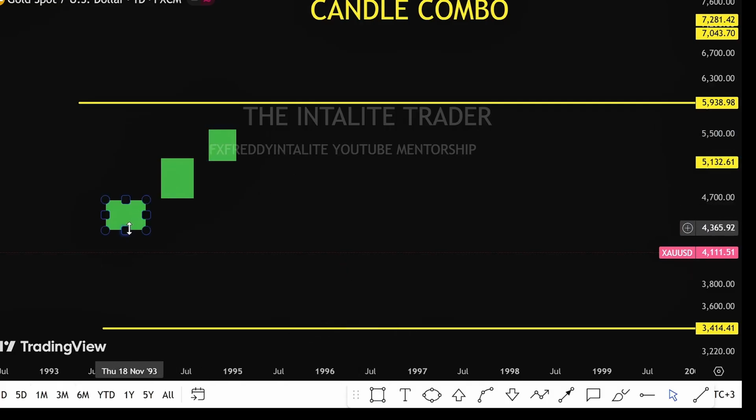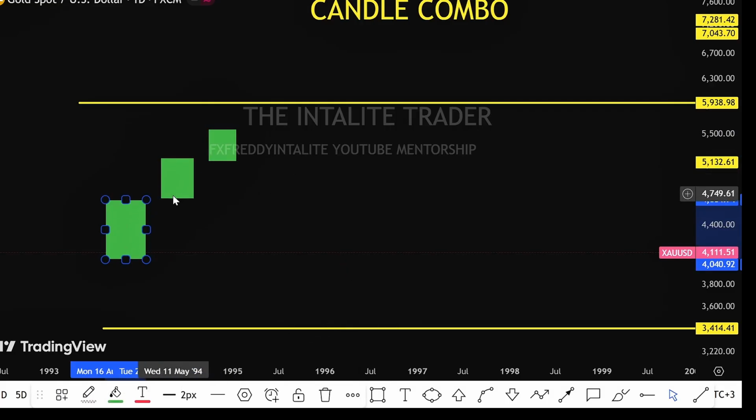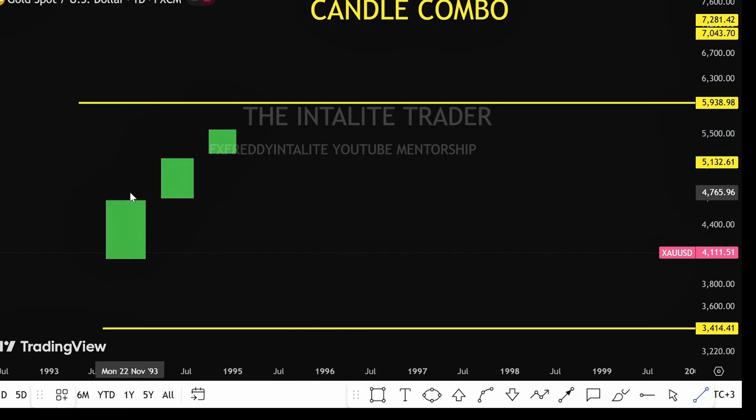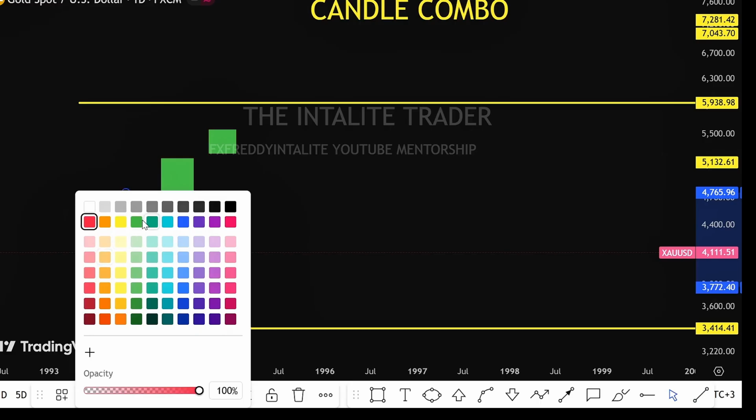Then you have a big candle, a smaller candle, and another smaller candle as price is approaching.